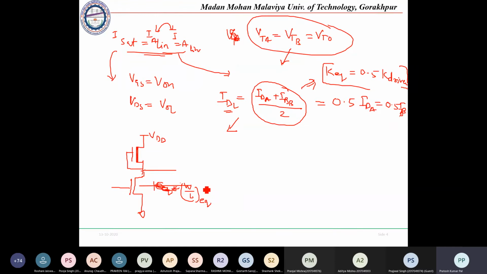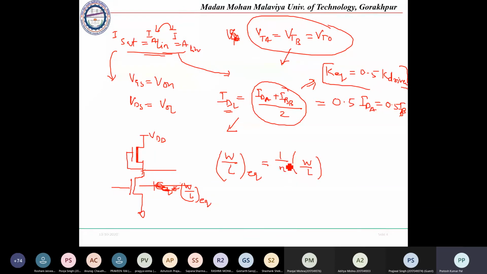If we are going to find the equivalent W by L ratio of the equivalent inverter transistor, it will come out to be 1 upon N into W by L. So in the previous one it was N into W by L, but in this case it will be 1 upon N W by L, in generalized terms.